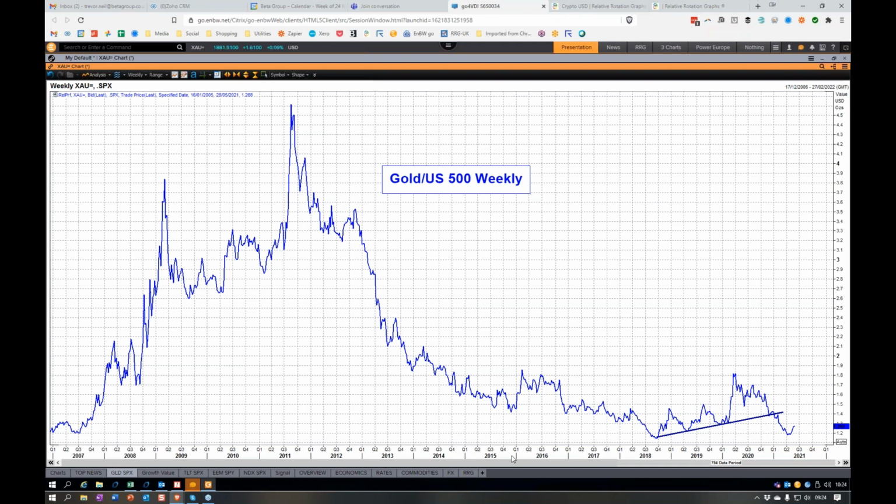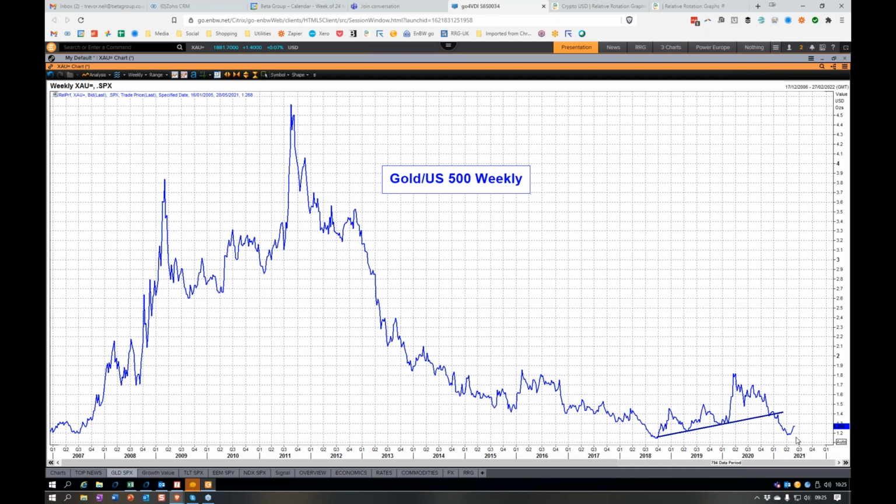Gold was really not doing its job despite various threats and inflation worries, and gold never went up. Then it had a little bit of a run up from mid 2018 into the end of 2020. But it broke this downtrend line and was threatening to resume this long downtrend.